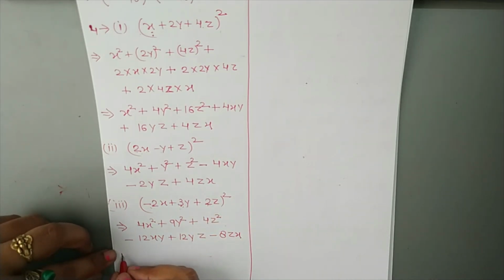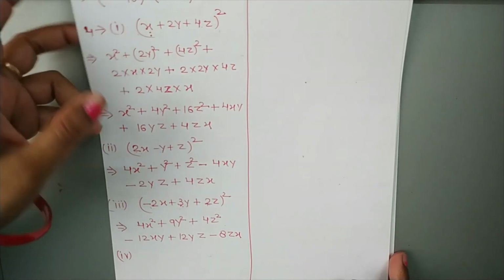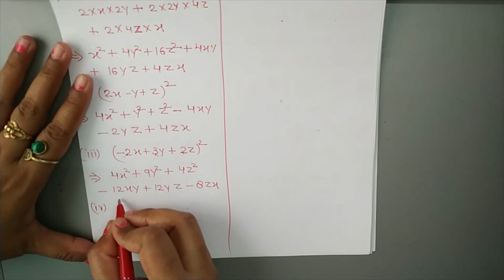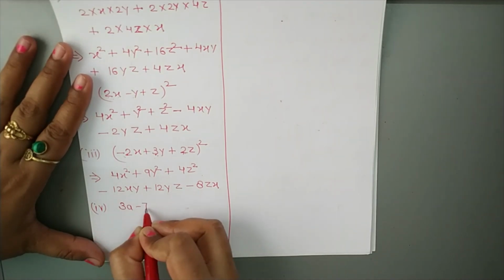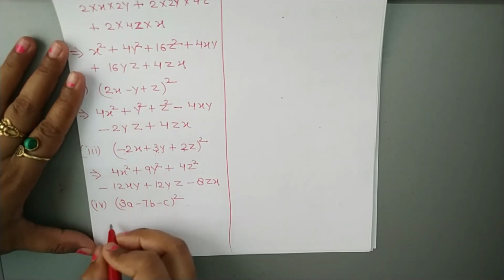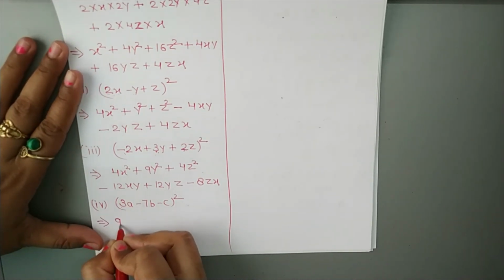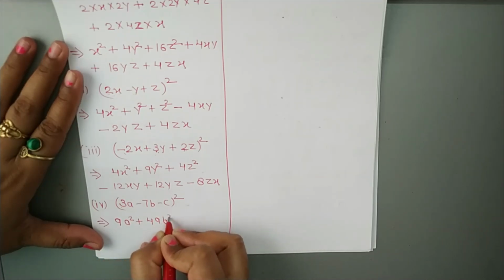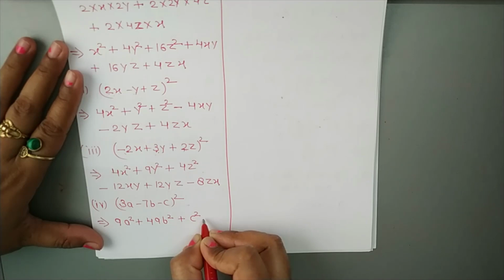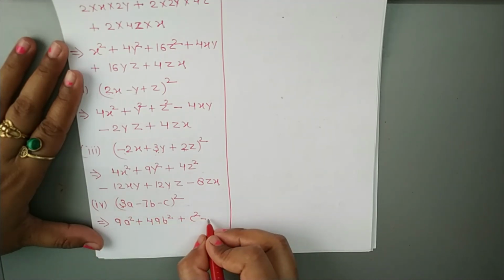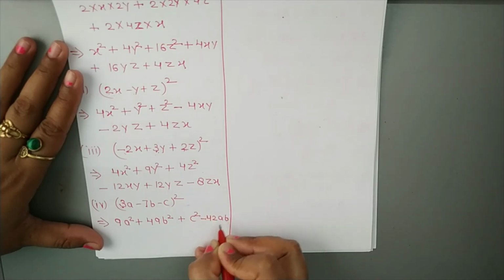Okay, the fourth one, (3a minus 7b minus c) whole square. So it will be 9a square plus 49b square plus c square, minus 7 3s are 21, 21 into 2, 42 with minus sign, so 42ab.